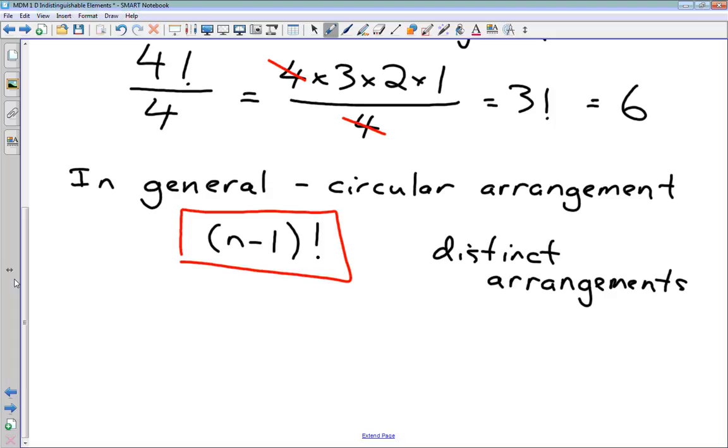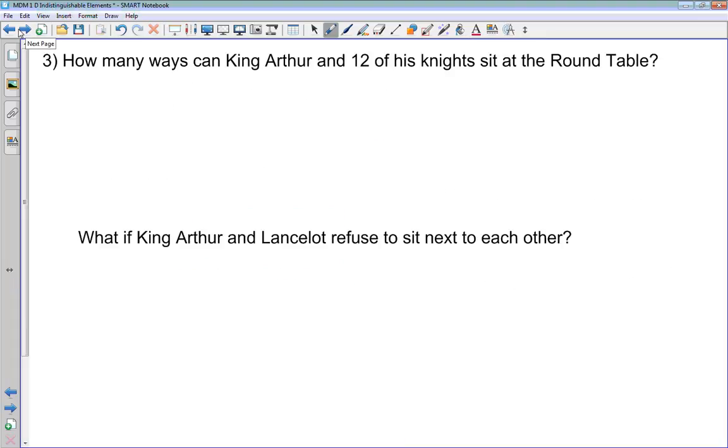So let's use that to solve our final problem here. How many ways can King Arthur and 12 of his knights sit at the round table? Okay, so how many people are we trying to put at this table? 13 people.